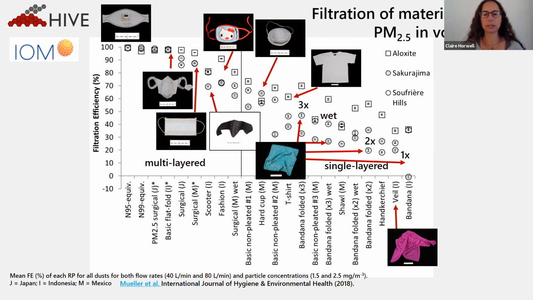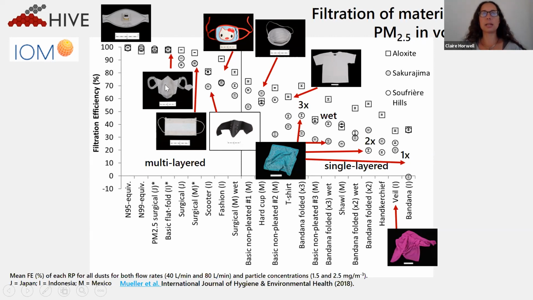I'll talk about that in a minute. In the top left, you can see N95 masks and N99 masks, which not surprisingly performed extremely well, with almost 100% filtration efficiency.